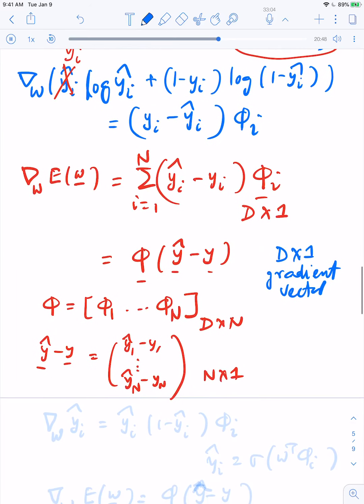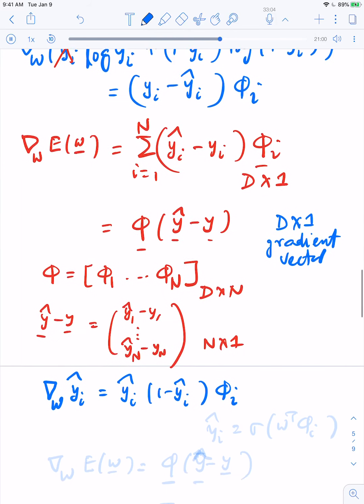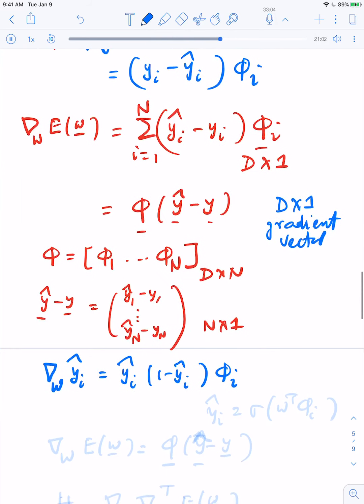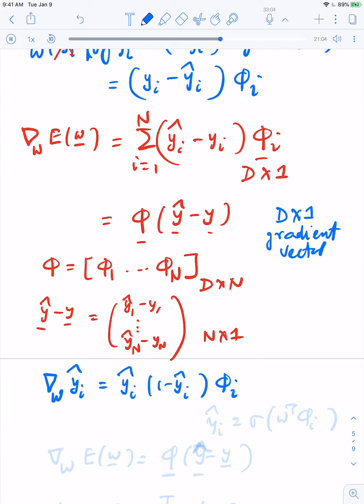So let's recap. What we showed was that these estimated probabilities for the labels vary with W in this fashion. So their sensitivity is based on these probabilities, the yi hats that I've computed.